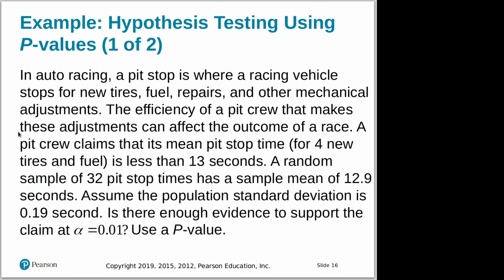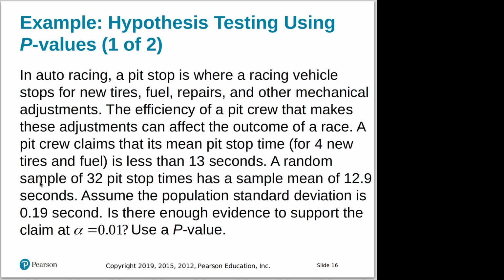So we take a random 32 stops, and we get a mean of 12.9 seconds. Assuming that the population standard deviation is 0.19, we've done enough sports statistics, what they call sabermetrics, that we have an idea of what the standard deviation is across the sport. Is there enough evidence to support the claim at 0.01 alpha?